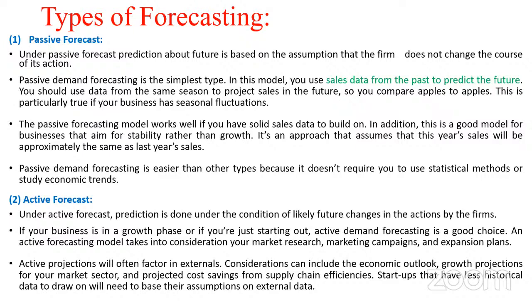In simulations, we take the same situations and the same environment into account to manufacture the product, because simulation is one type of forecast which is more or less passive. You should use the data from the same sections to project the sales in the future, so you compare apples to apples.